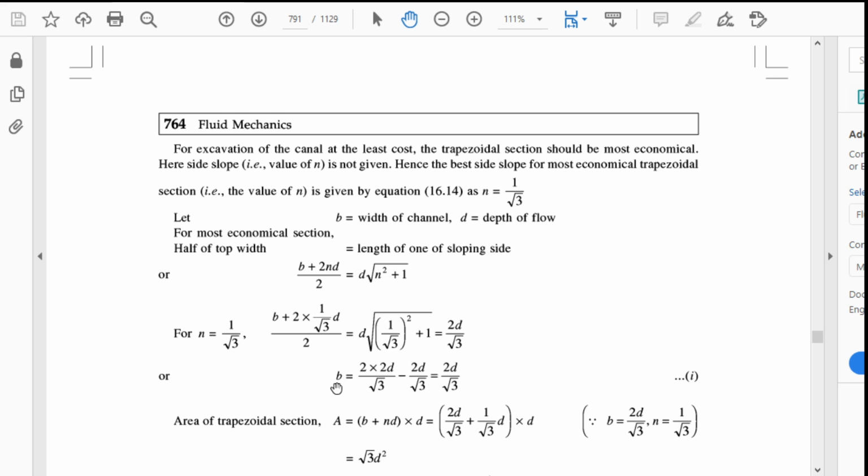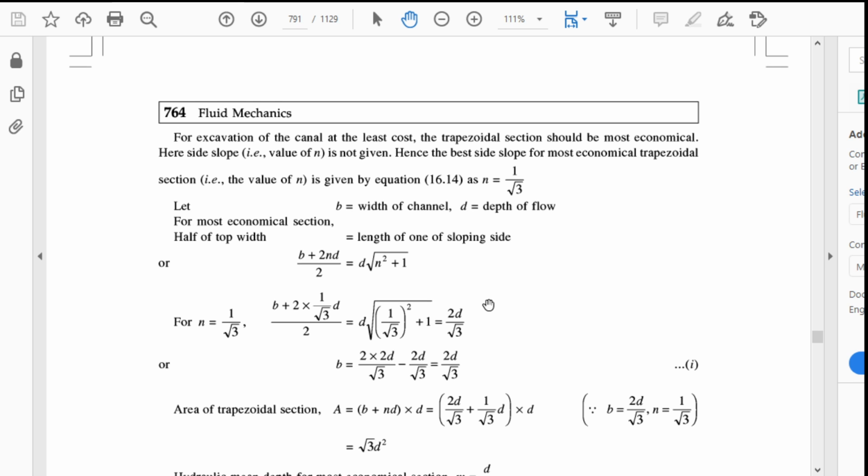You will get b equals 2d by root 3. You can skip this step, because 2d by root 3 equals b is one of the conditions for the most economical trapezoidal section. You can directly write b equals 2d by root 3, but before this you have to explain that this is the most economical section.